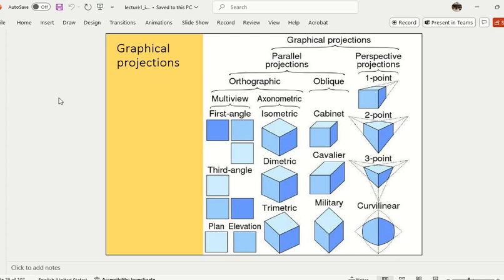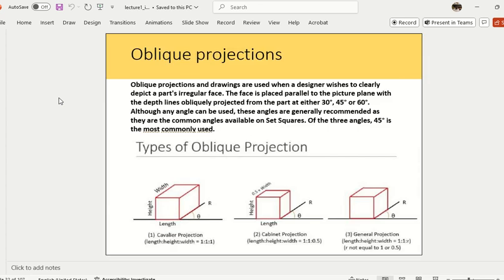In axonometric, both horizontal axes are tilted. In oblique, only one is straight, the other one is tilted. So this is the difference between oblique and the other one.